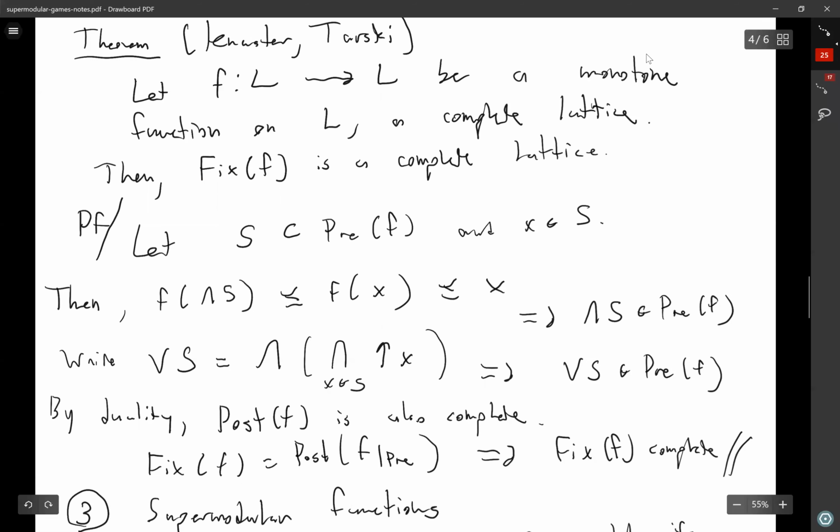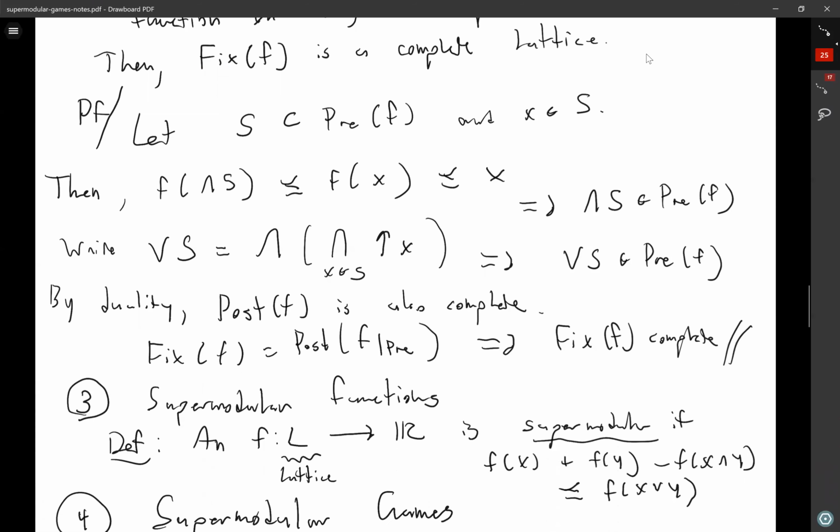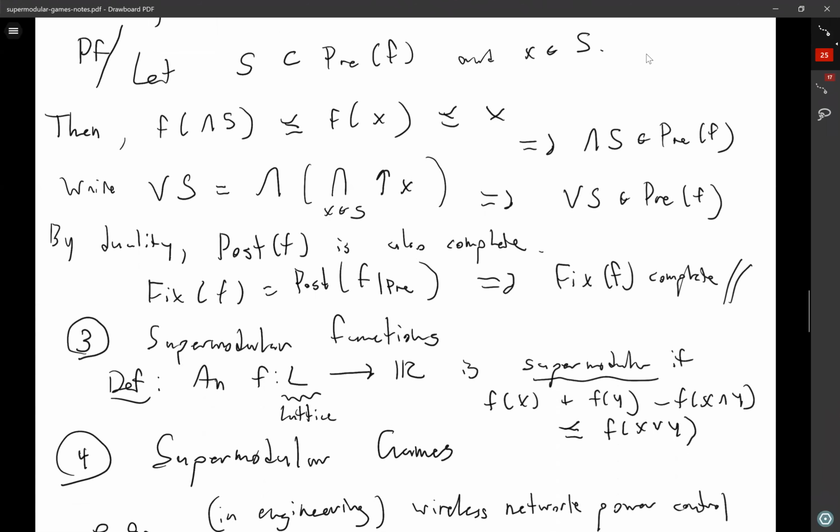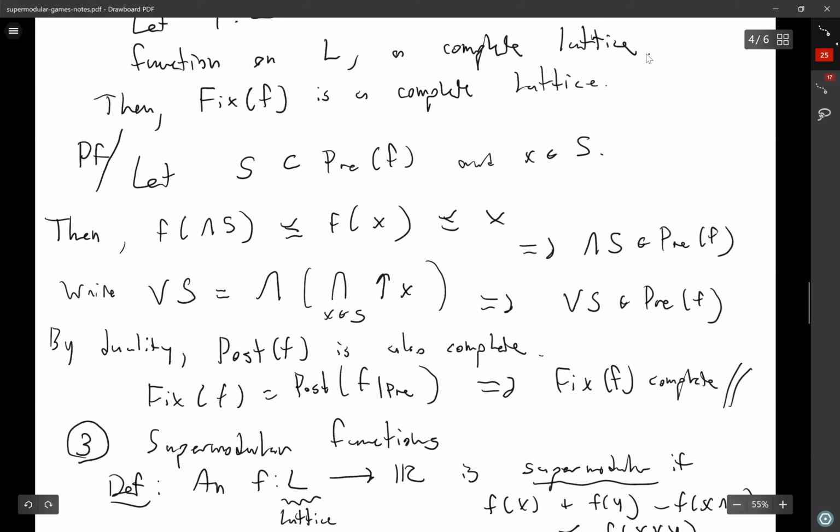There's a proof of this in one of my papers, but I'm just going to go over the proof here. What we have to show is that if we have any subset of the fixed points of f, that subset has to have a least upper bound and a greatest lower bound. Of course they exist because they're in L, which is a complete lattice, but they must be contained in the fixed points.